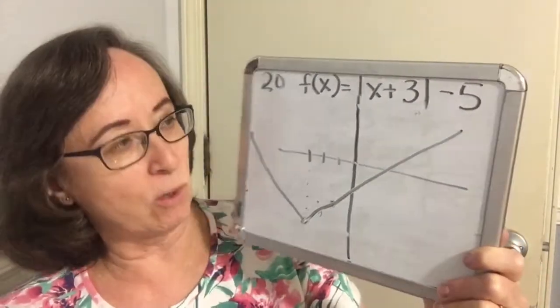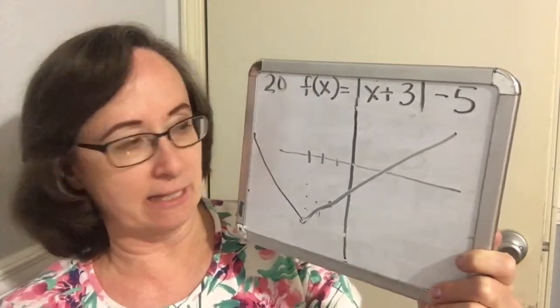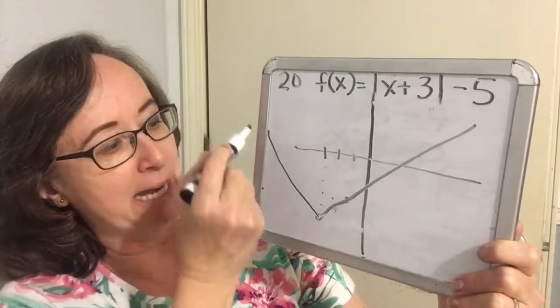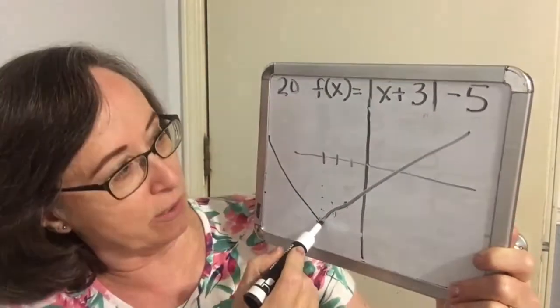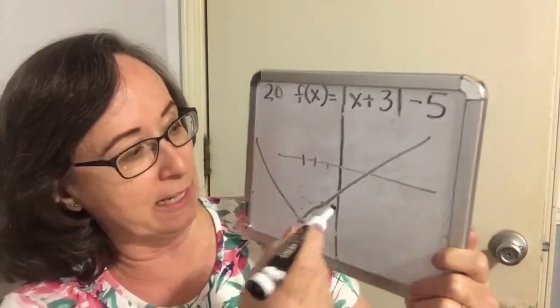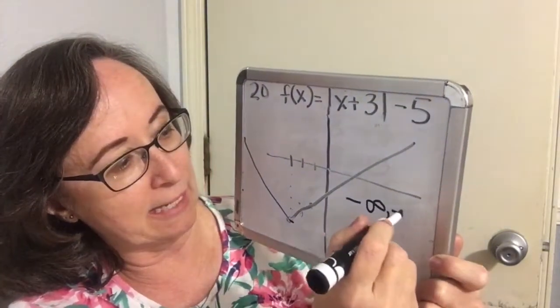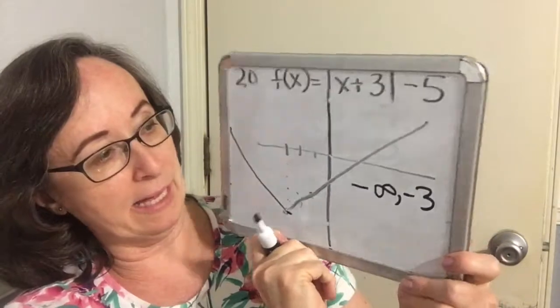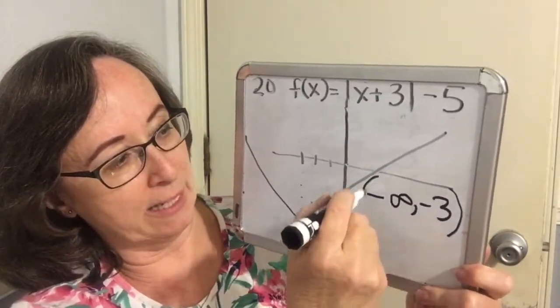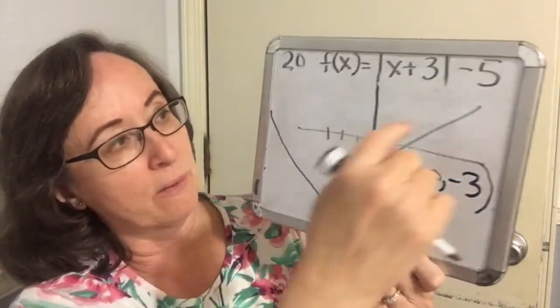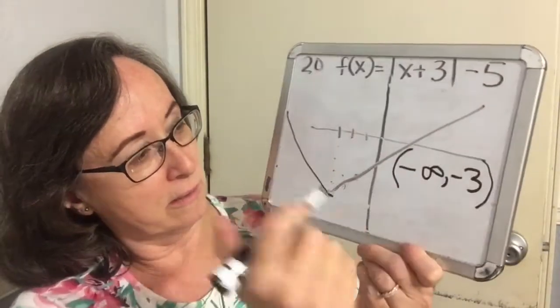when we're looking at where is it decreasing, we would say that this function is decreasing from -infinity down to -3. So -infinity to -3, okay, and paren, and then it's going to be going down.